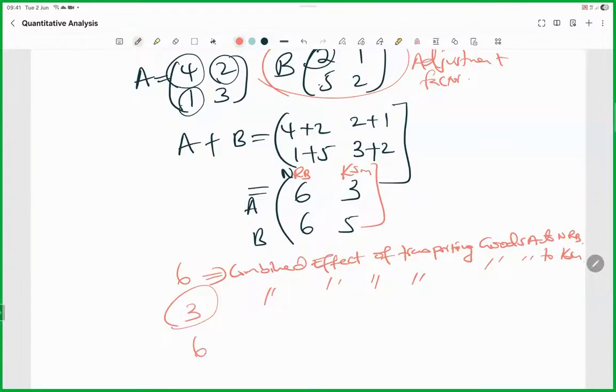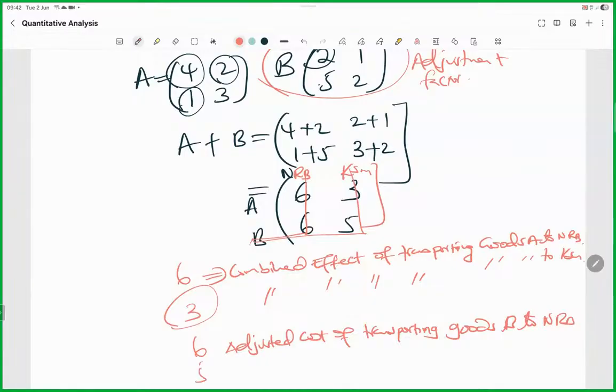Then we have this other 6 here. It's goods B, Nairobi, the adjusted cost of transporting goods B to Nairobi. Then B to Kisumu, the 5, like that. I suppose you've gotten an idea, ladies and gentlemen. Even if you were to speak about just the normal transportation cost, that would still be okay.